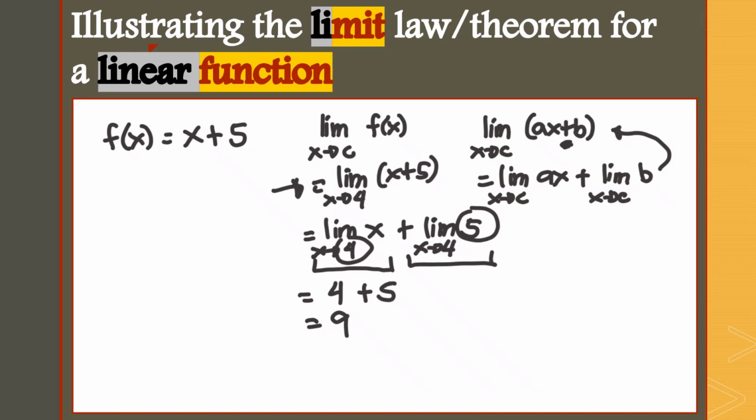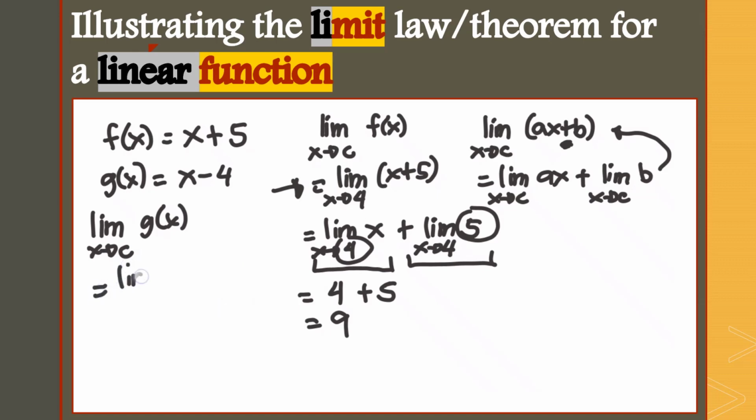For the second form, let's say another function, g of x, let's say x minus 4. If we are going to solve for the limit of g of x as x approaches c, in this case let's declare a certain constant c. So we have x minus 4 as x approaches negative 3.